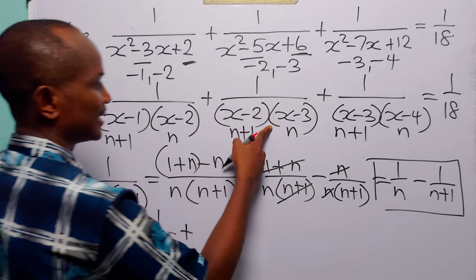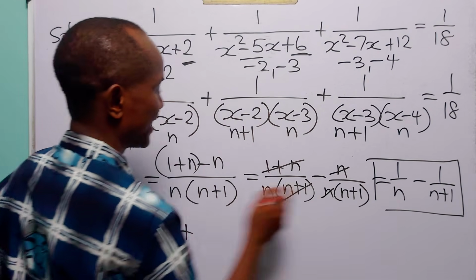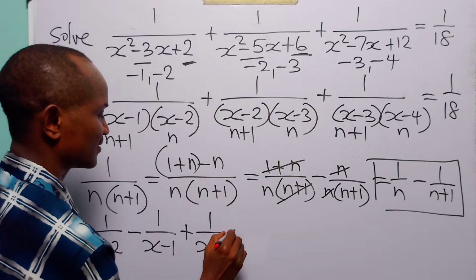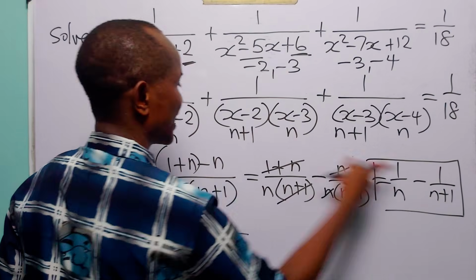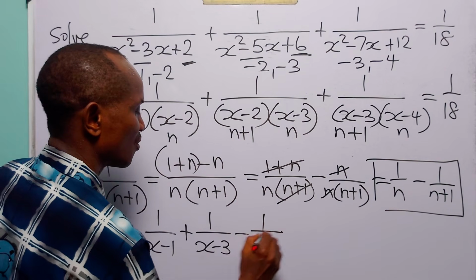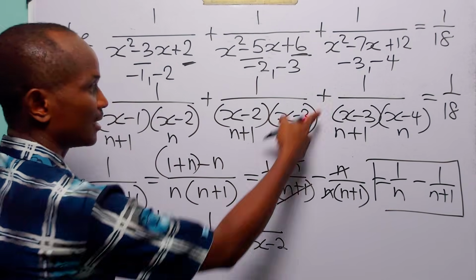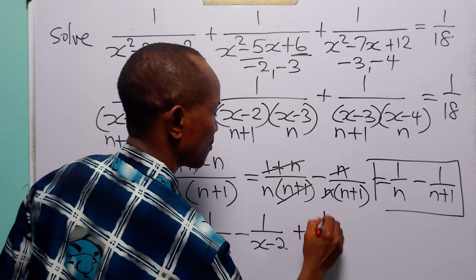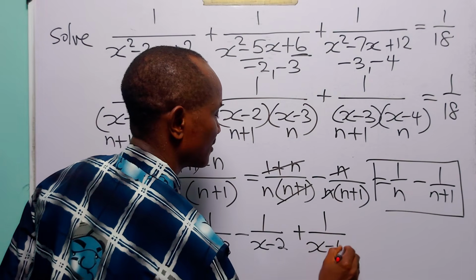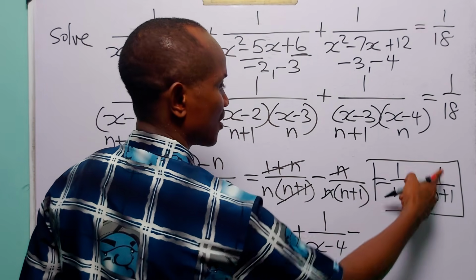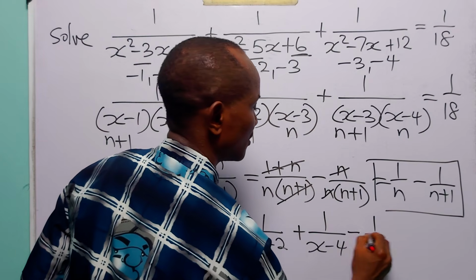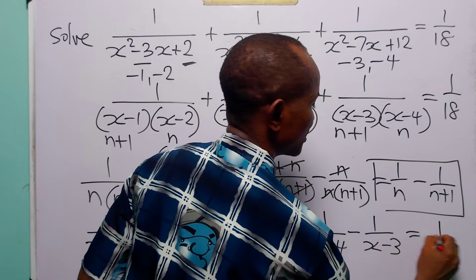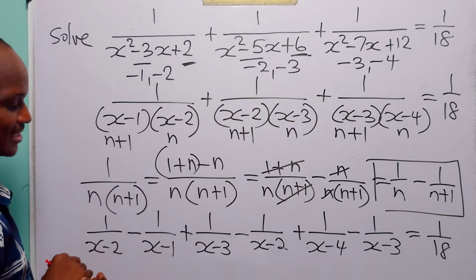Then plus, in this case, we have 1 over n, that is 1 over (x - 3) minus 1 over n plus 1, that is 1 over (x - 2) plus, and finally here we have 1 over n, that is 1 over (x - 4) minus 1 over n plus 1, that is 1 over (x - 3). And of course, everything is still equal to 1 over 18.